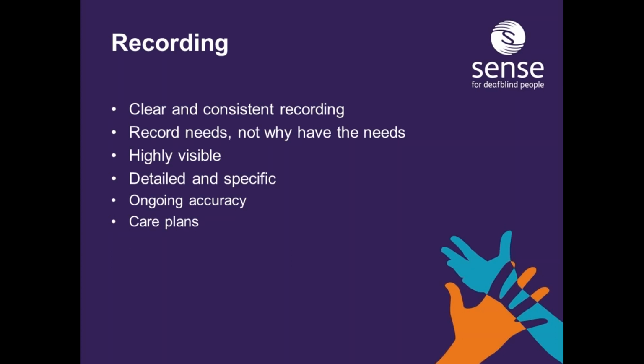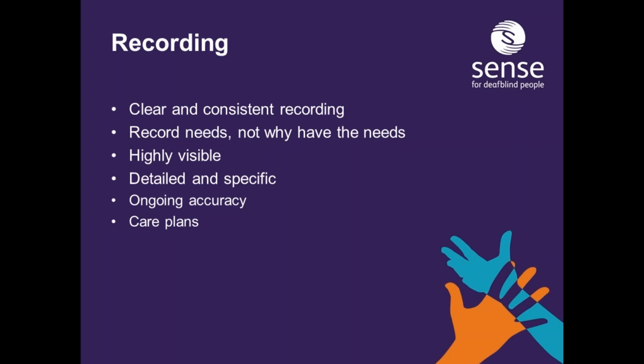They could use BSL, hands-on BSL, sign-supported English, deaf-blind manual, Tadoma, lip reading, clear speech, and I could go on. So providers have to record the communication and information needs. Now, providers may record both the reason for and what is actually needed. So it's a power to do that.